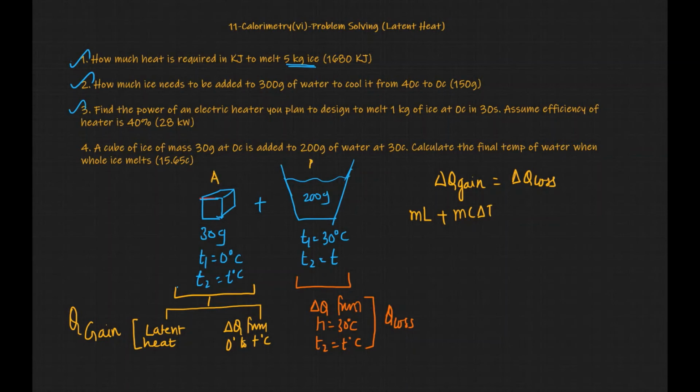So this is A, MC delta T for B. This is 30 gram into L is 80 calorie per gram plus 30 into 1 into delta T would be T degrees Celsius. That's equal to 200 into 1 into delta T would be 30 minus T here.